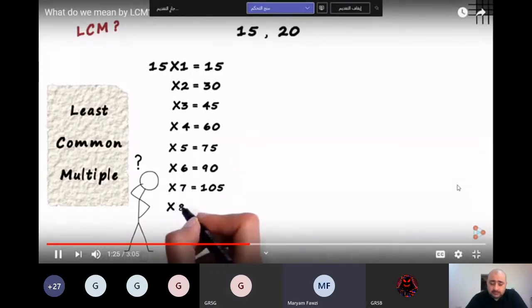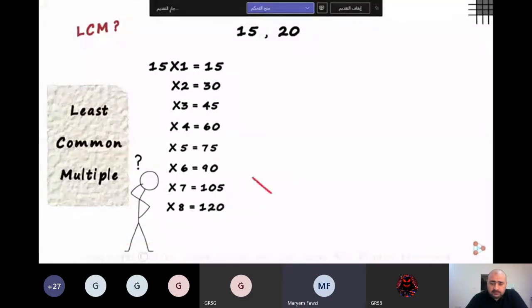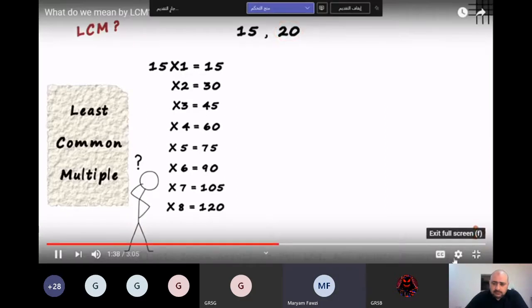15 times 8 is 120. These are the first 8 multiples of 15, and these are the 8 multiples of the second number, which is 20.